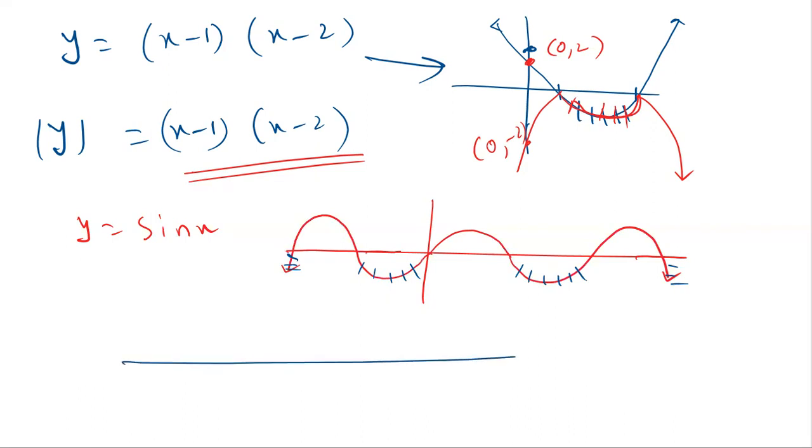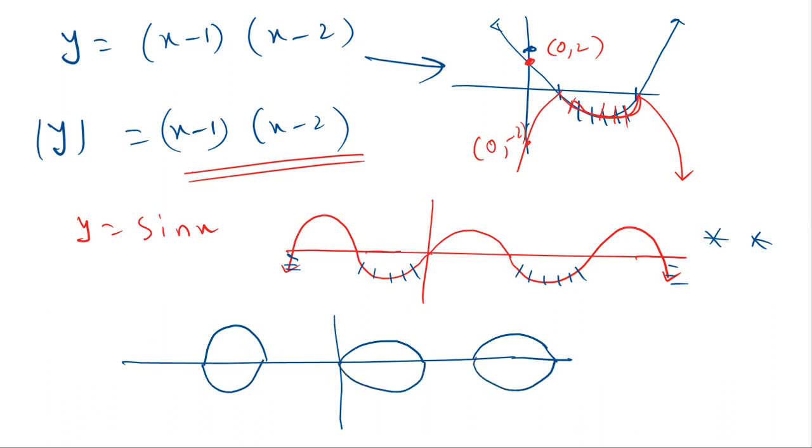Now, if you plot the graph, you just keep the positive part the same. Here, this is the positive part according to this graph. Now you just take the mirror image. That's all. The graph of mod y equal to sin x.